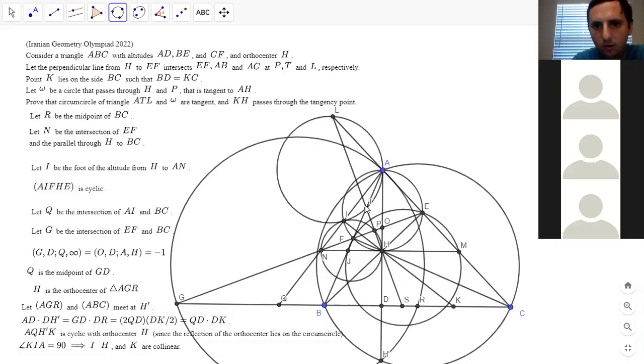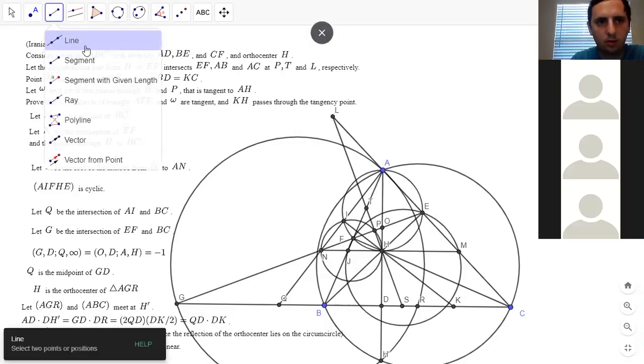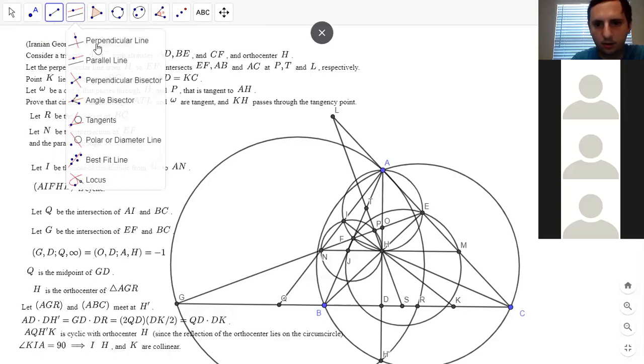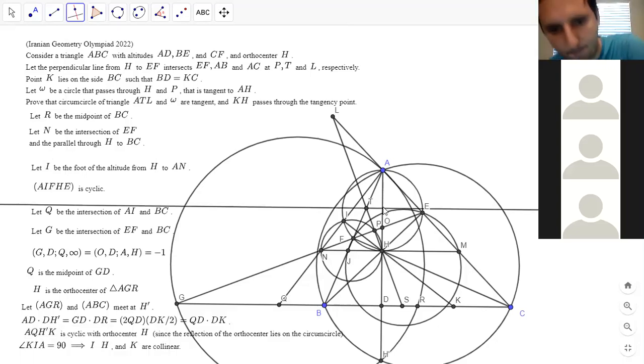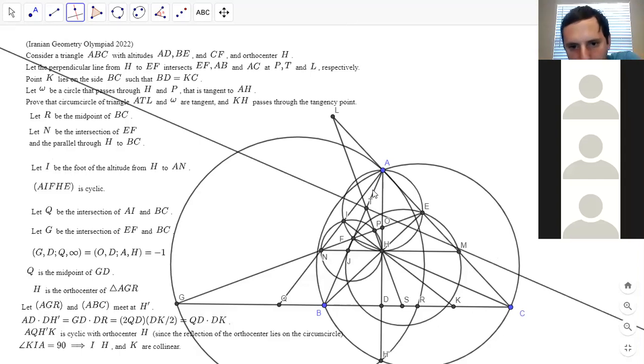Can you draw the line through T and perpendicular to AB? Yeah. Through T perpendicular to AB, not through AH. Oh, sorry. There we go.